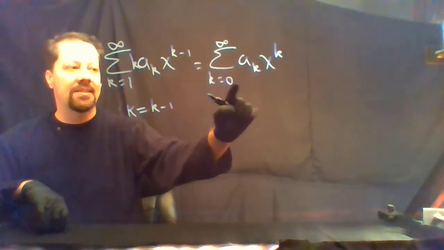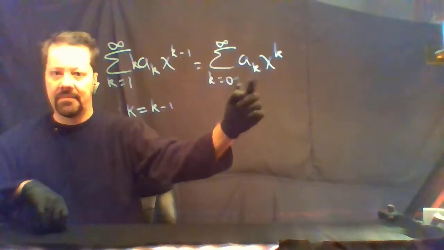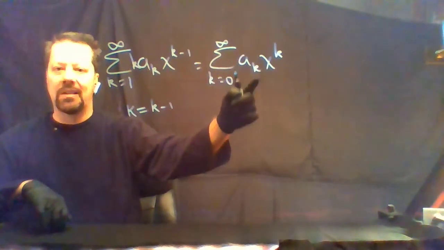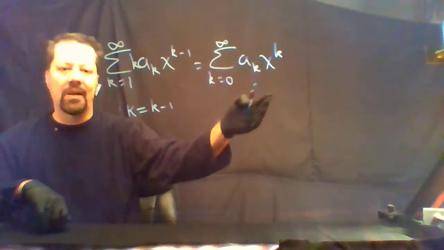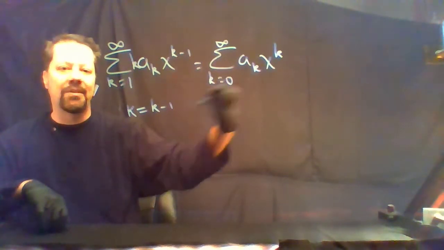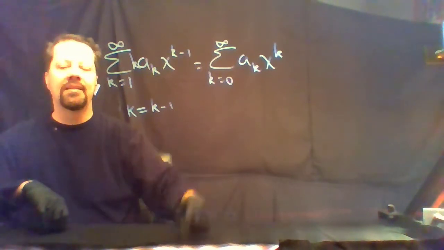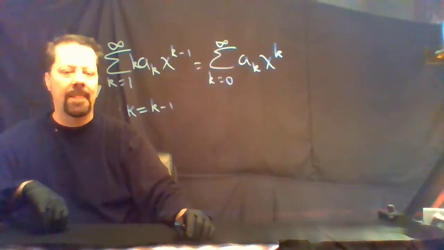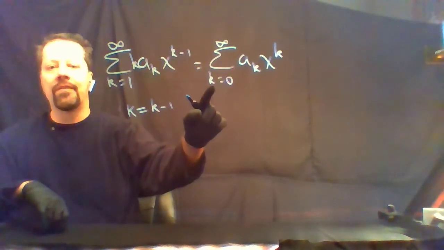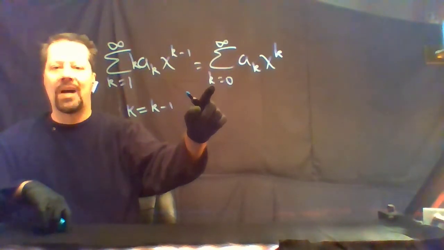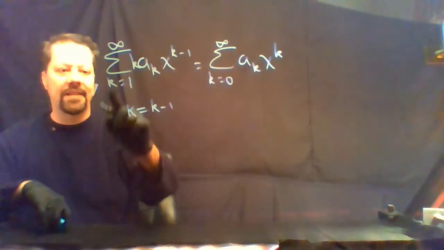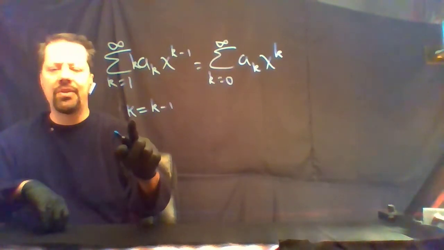We can write this as a0 plus a1x plus a2x squared, and so on, where k does not appear in any of those terms. K is a device for expressing the sum of all of those terms. It doesn't matter what you call it. We could have called this L or M or I or J. Same thing over here. I'm going to give it a new name for now.